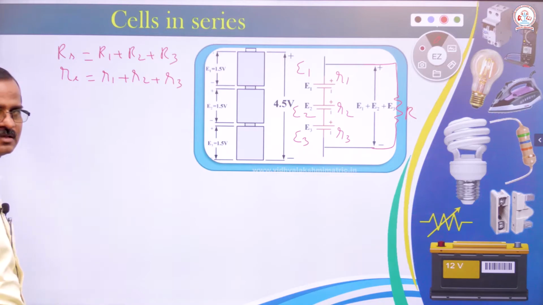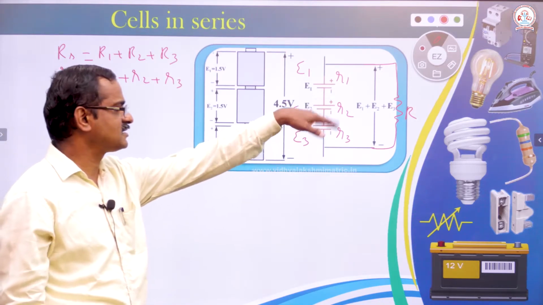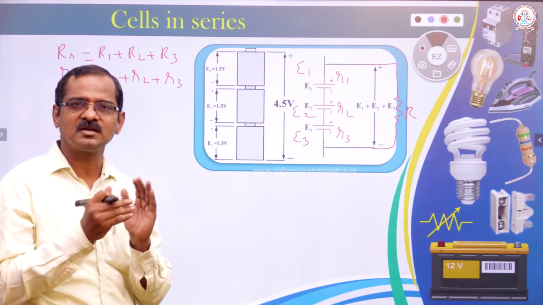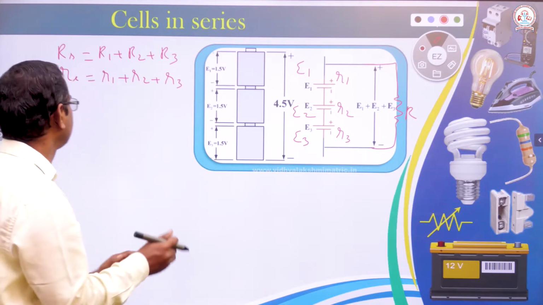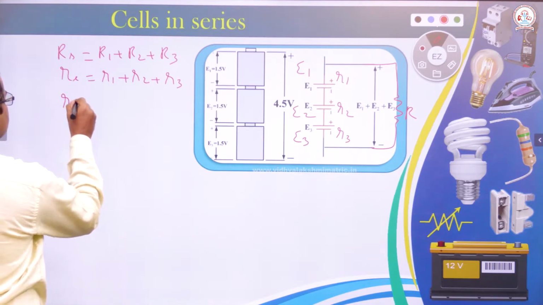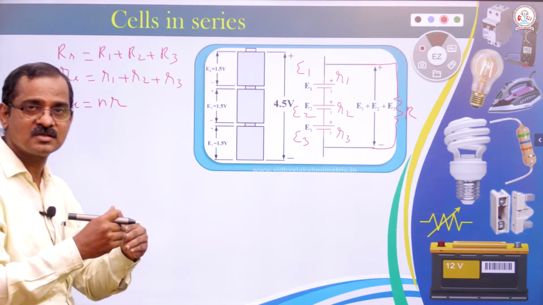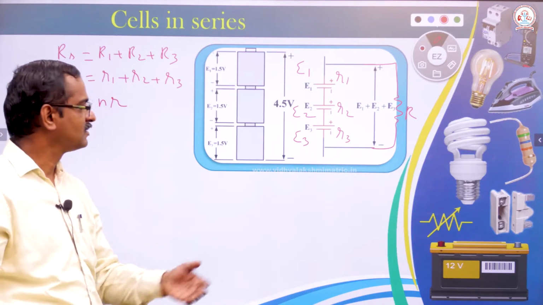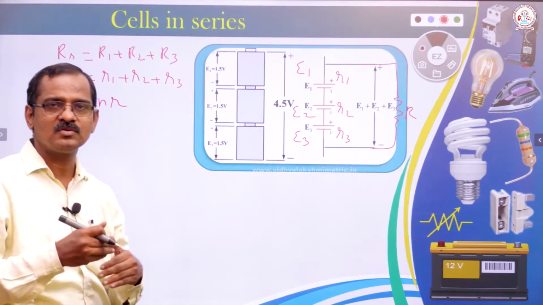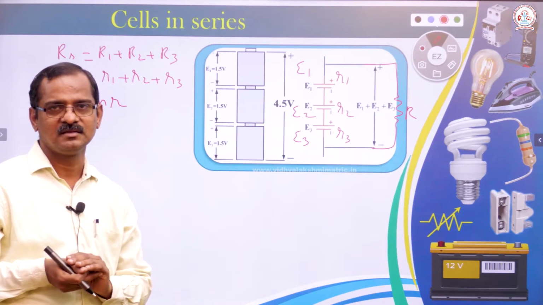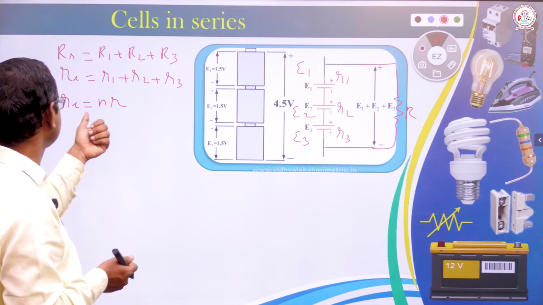If the resistors have equal values, if all 3 cells have equal internal resistance, we can simply write R sub x is equal to N into r.